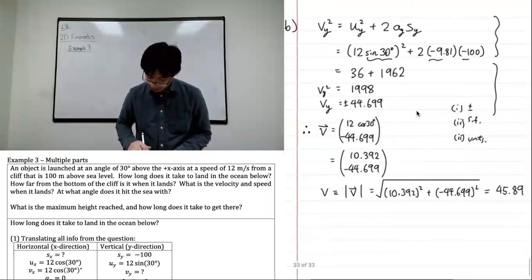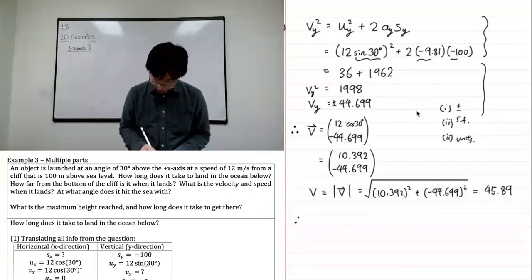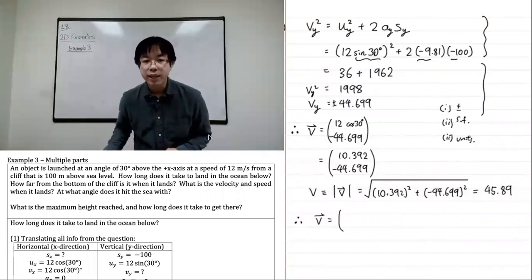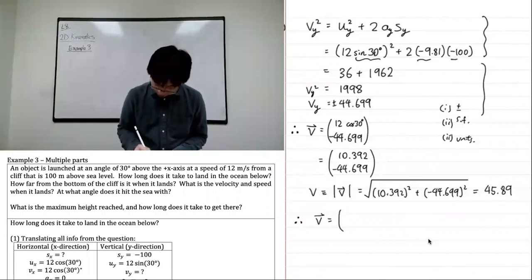All right. So yeah, let's answer our question. So therefore, let's put it in the proper decimal places. So we will round this to, what did we say? We were given things in 2 sig figs, all right? So we'll just go with 10 over here and minus 45 meters per second.